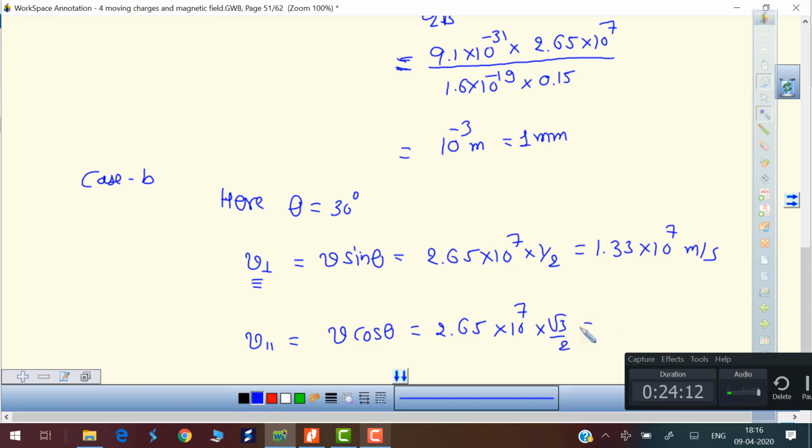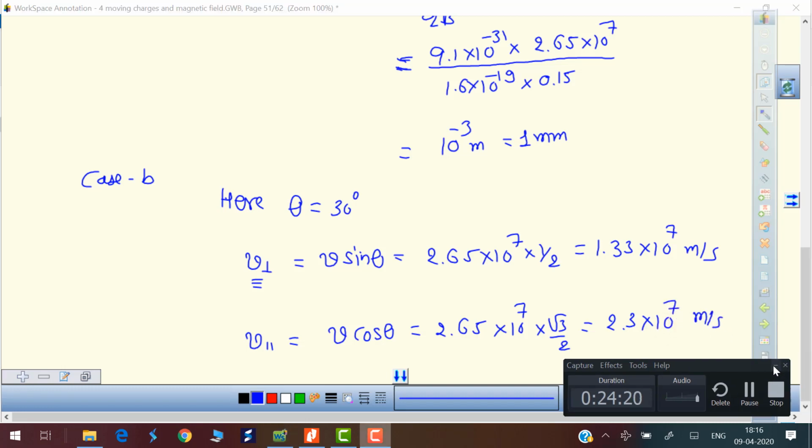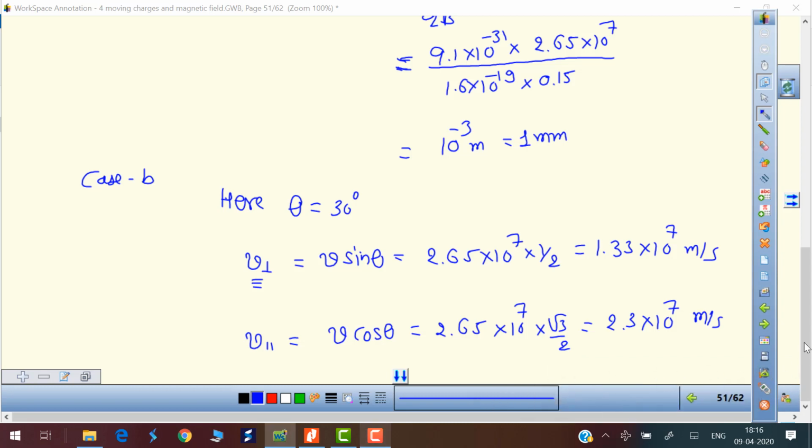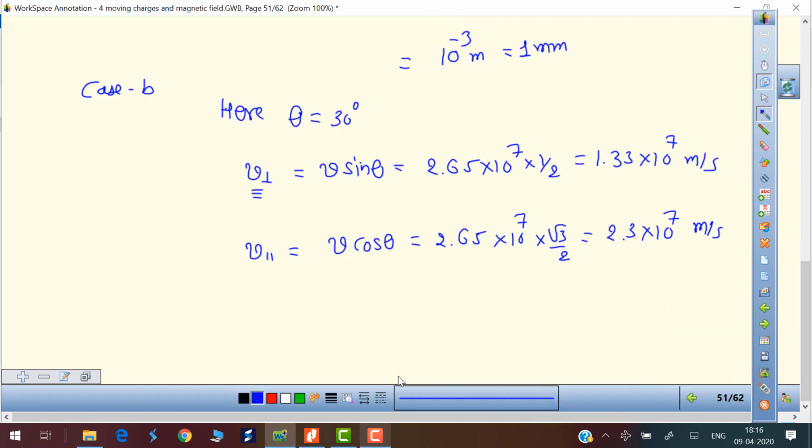If you simplify, it comes out to be 2.3 into 10 raised to 7 meter per second. This will determine the pitch, and because of this it moves parallel to the magnetic field without change in this value.